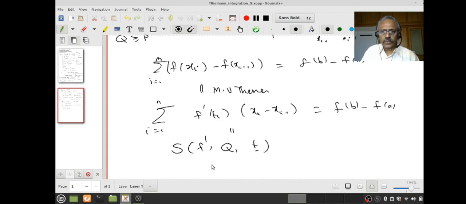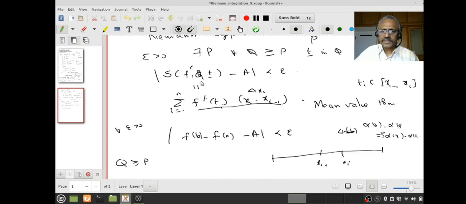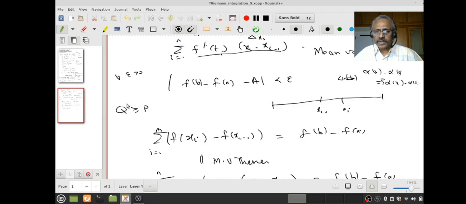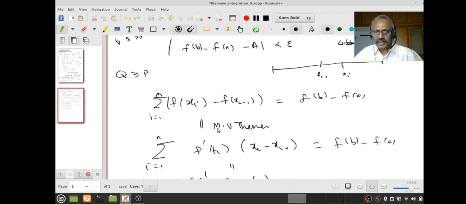But what I know is, if Q is finer than P, then |S(f', Q, T) - A| is less than epsilon. On the other hand, I found that this sum is nothing other than f(b) - f(a). See, this is true for any partition Q and any set of tags T. But what I did is I took a partition Q which is finer than P and applied the mean value theorem.